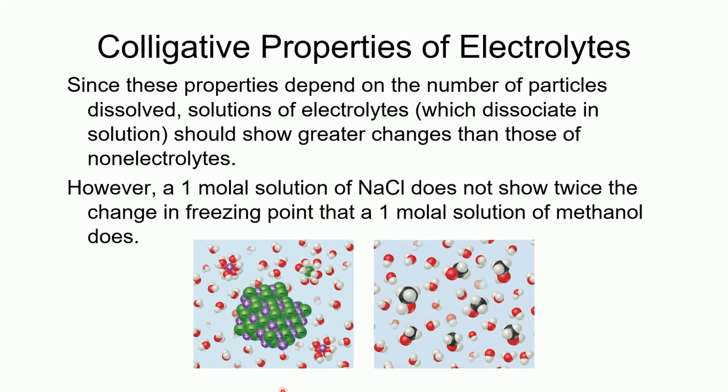What's kind of interesting about this is you would think, all right, if I have a 1 molal solution of sodium chloride, it should have twice the effect of a 1 molal solution of methanol. Well, that turns out not to be the case either. It's not quite twice the effect. Now, it's pretty close to twice the effect, so for purposes of this class, we can assume that it's twice the effect, but let me show you why it's not quite twice the effect.